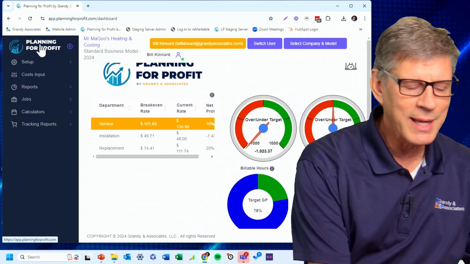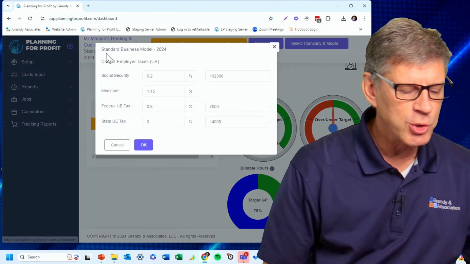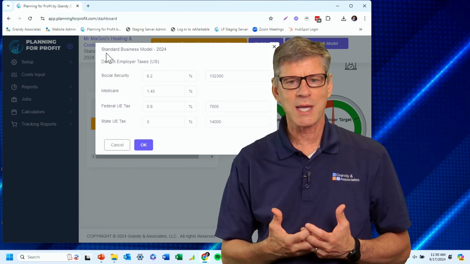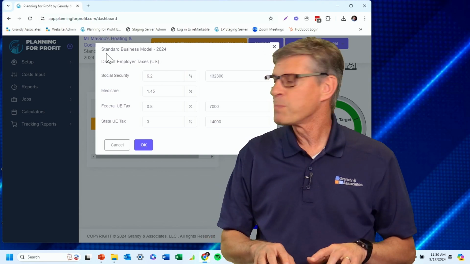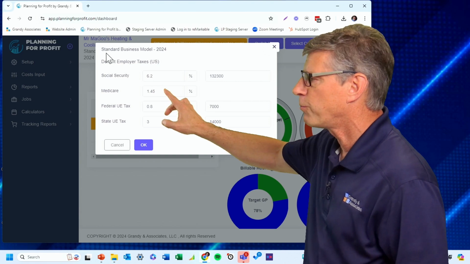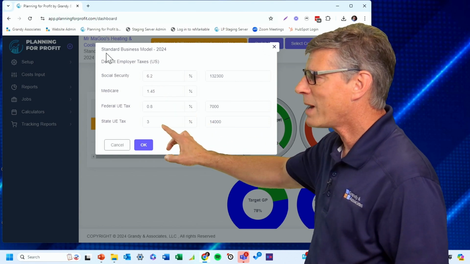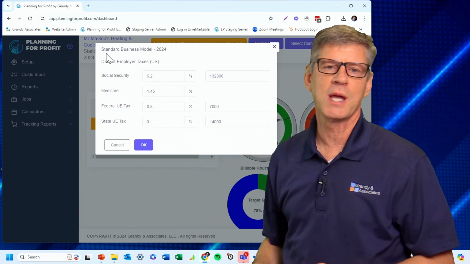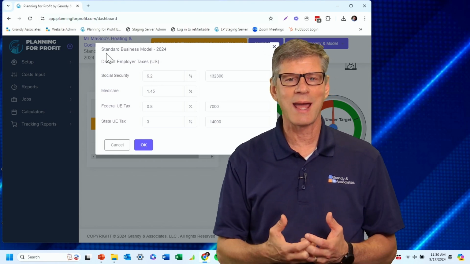When I click on that, it's going to open up and show me what my company matching taxes are for this year. I can see that my Social Security is 6.2, my Medicare is 1.45, the federal is 0.8, and my state unemployment is 3%. Those are the company matching taxes that I have to pay.